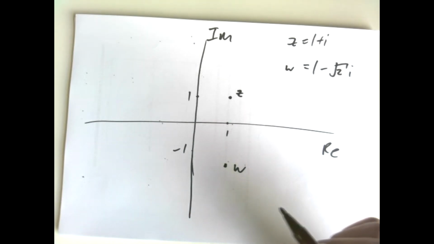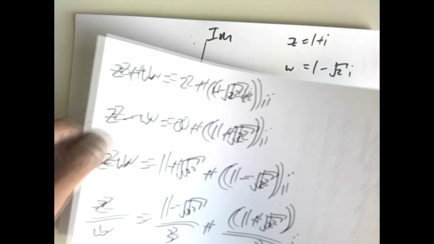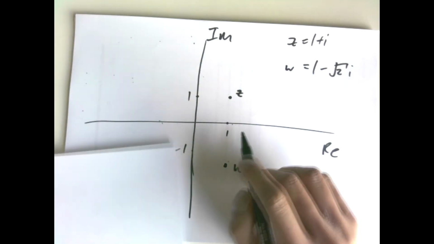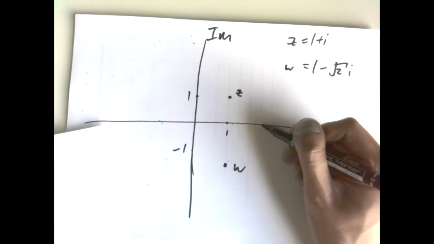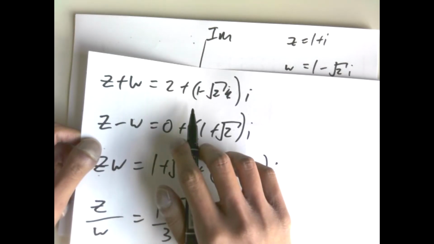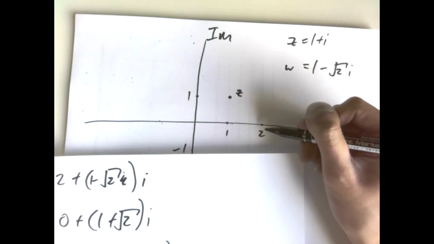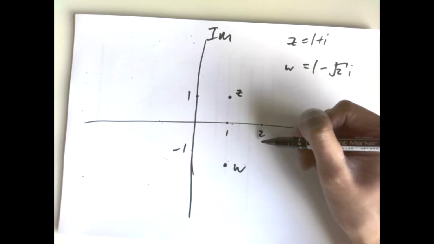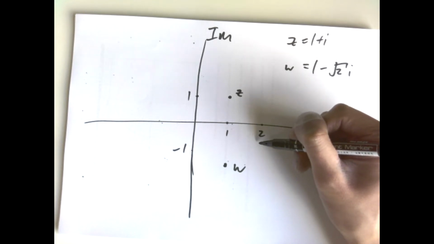And therefore our z plus w, which again was 2 plus 1 minus 2i, is going to be 2 and somewhere here.